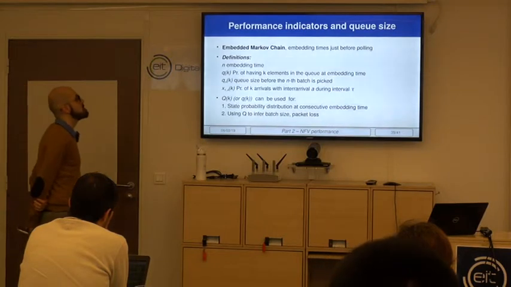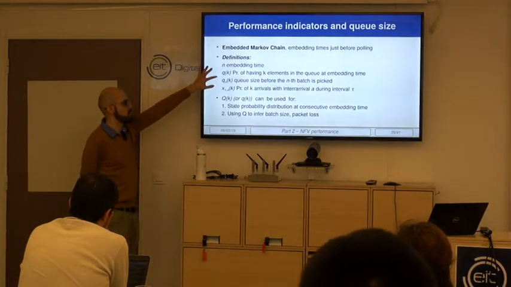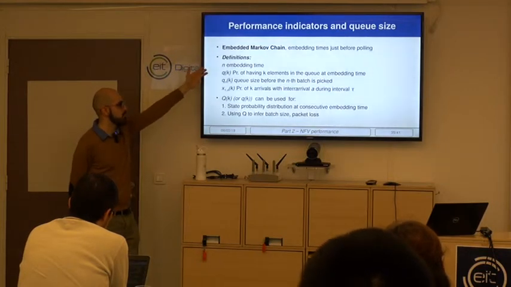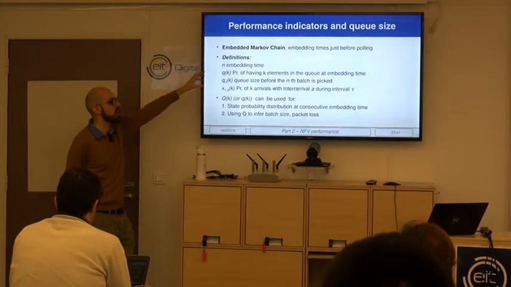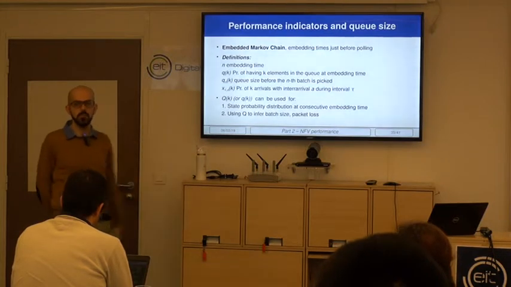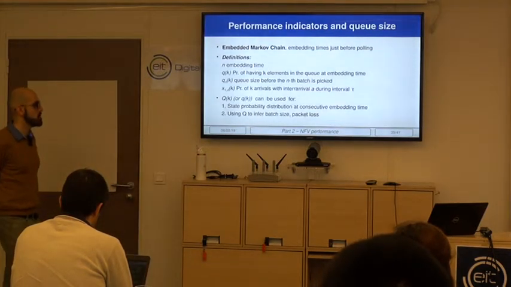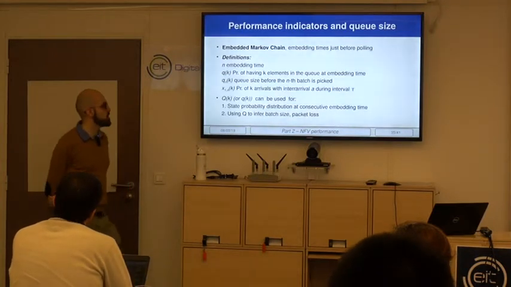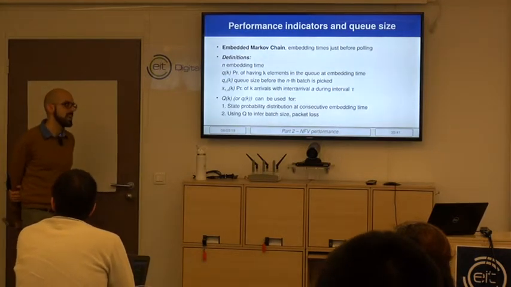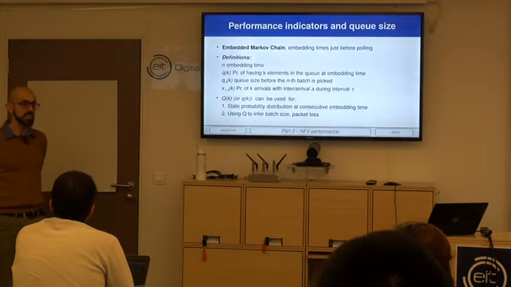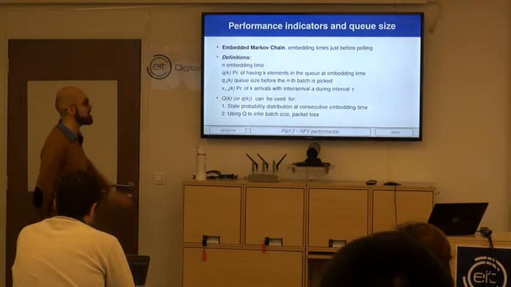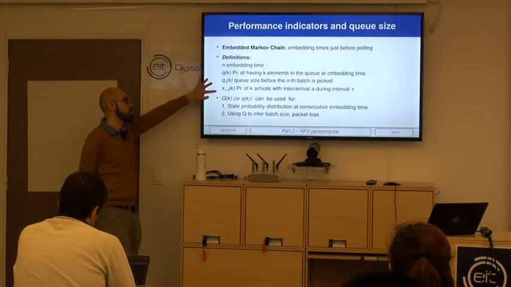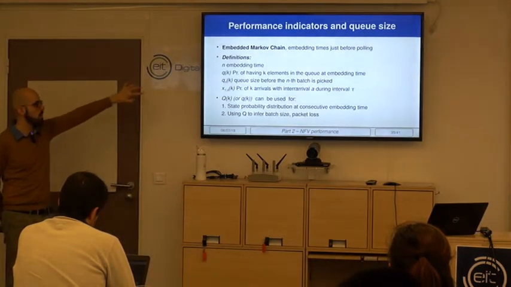In general, this queue is considered at a certain batch, so q_n is the queue size before the nth batch is picked from the queue. We can also define x(tau, a), that is the probability of having k arrivals within the inter-arrival time defined as a during the interval of time defined as tau.